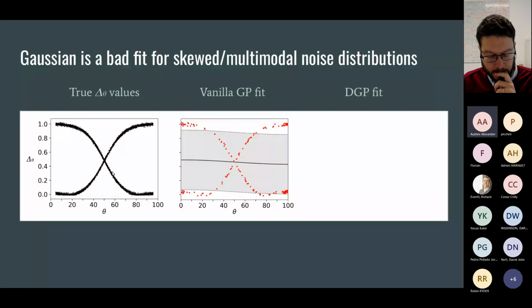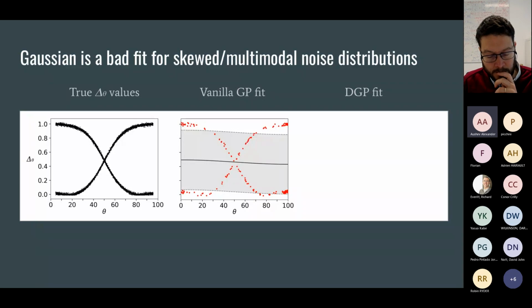And if we try to fit this with a standard Gaussian process, we would get the figure in the middle, where the solid black line is the mean function of the Gaussian process, and the gray area is the 95% confidence interval. And we get this bad fit because the Gaussian process assumes that the noise is Gaussian, and it tries to fit both modes essentially with a Gaussian, which results in this bad fit.